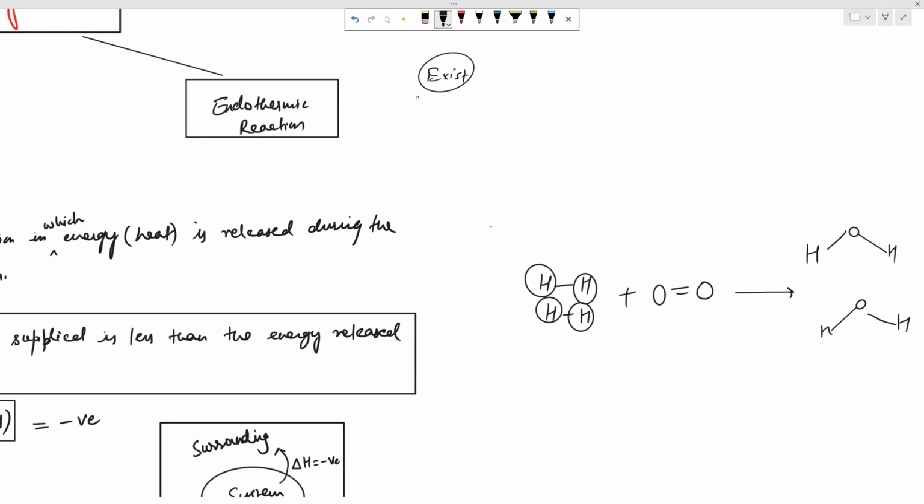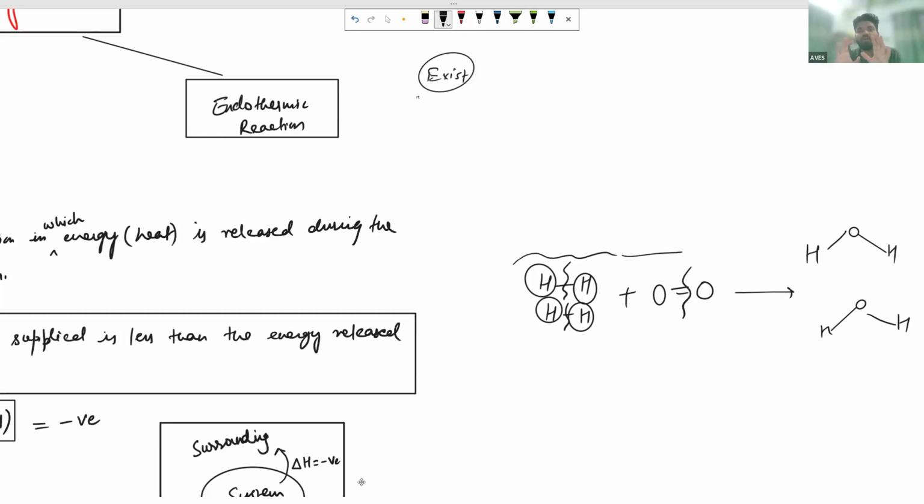So what is going to happen here? The bond between the two hydrogen atoms and the bond between the two oxygen atoms are broken, and they are now forming new bonds. When a bond is broken, the energy is supplied. Always, it is a rule. And when new bonds are formed, the energy is released.